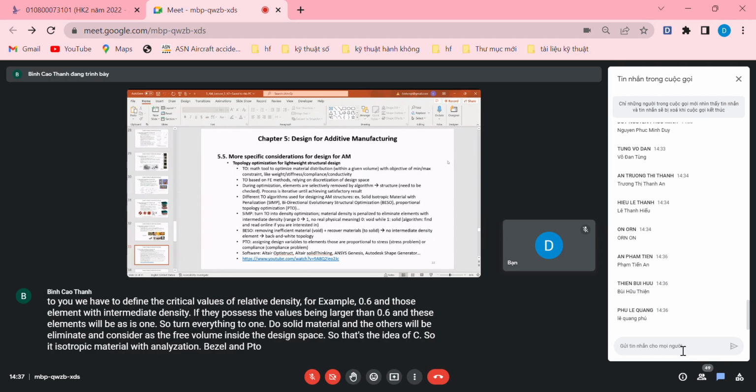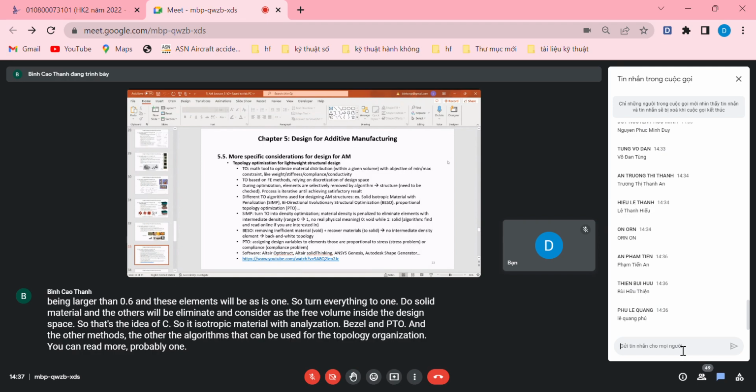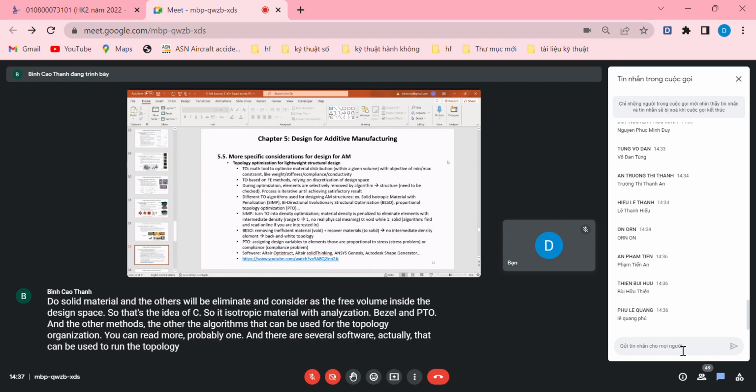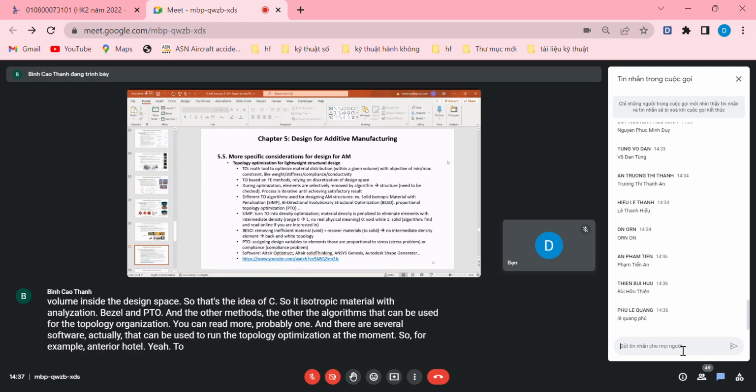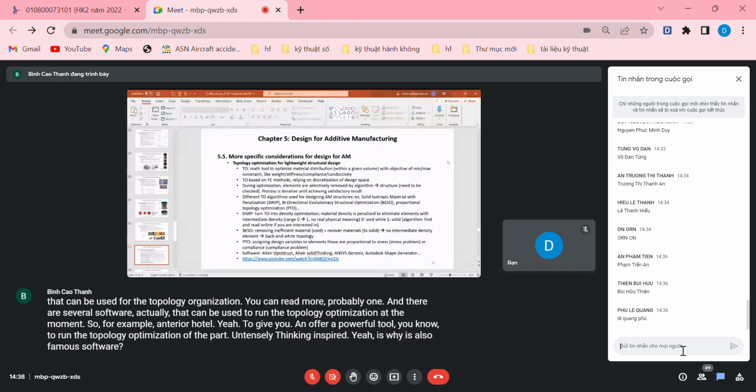BESO and PTO are other algorithms that can be used for topology optimization. You can read more if you want. There are also several software packages that can be used to run topology optimization at the moment. For example, Altair OptiStruct offers a powerful tool to run topology optimization of a part. Altair SolidThinking Inspire is also a famous software, and its user interface is more friendly compared to OptiStruct.